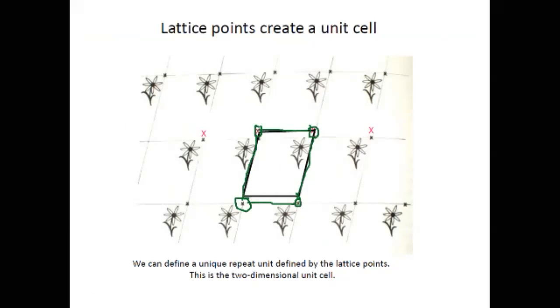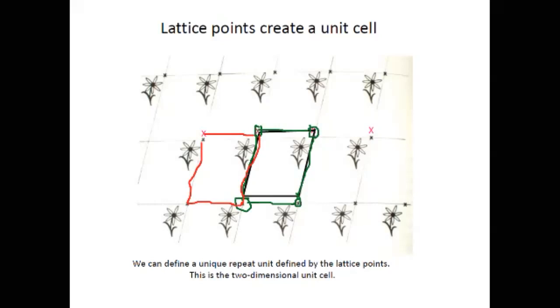And so now if we move to the left, you see we have the exact same thing that gets repeated. It looks exactly the same. The only difference is from the green square to the red square, we've just translated the lattice points.